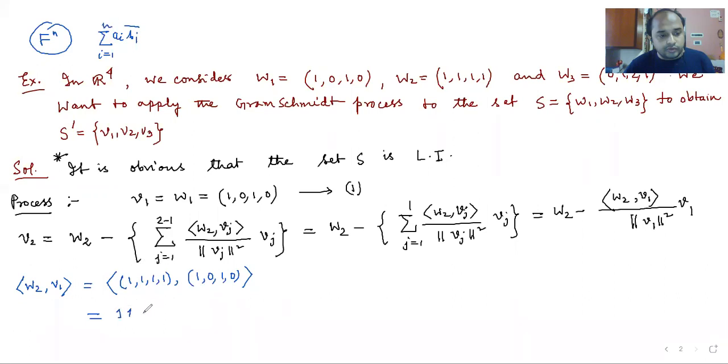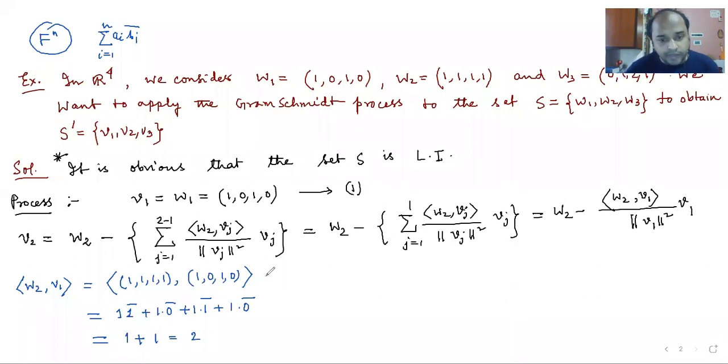So I can write it as 1 into 1 bar plus 1 into 0 bar plus 1 into 1 bar plus 1 into 0 bar. And 1 bar is the real number 1 itself, so it is 1, this is 0, and that is 1. So we are getting 2. Inner product of W2 and V1 is 2.